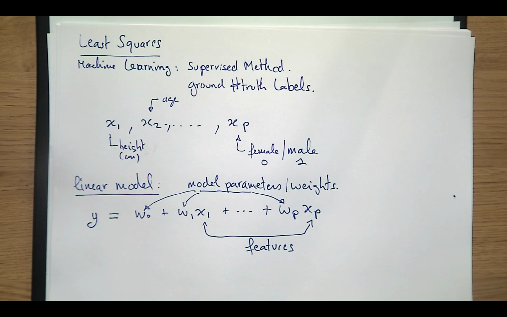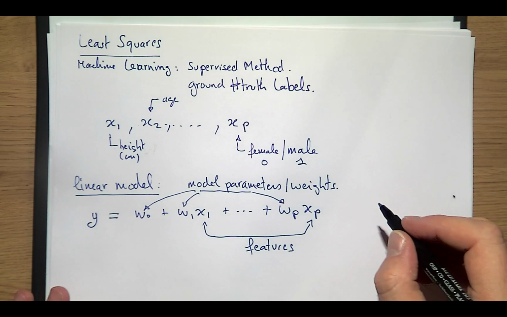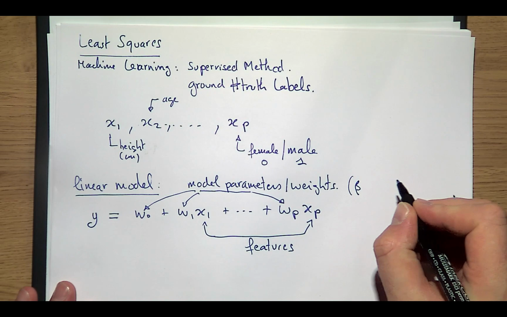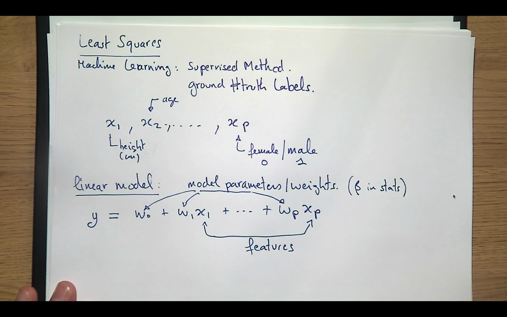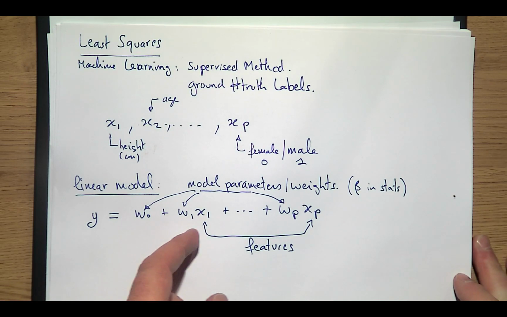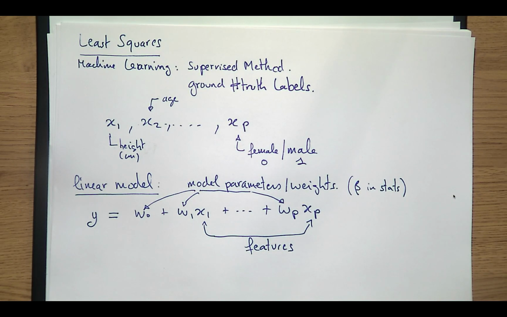So I'm going to stick to w as a notation for these model parameters. In statistics, these will be called betas instead, okay? So instead of w0, w1, ..., wp, they will have beta 0, beta 1, ..., beta p, and so on, okay? All right, so it's pretty simple. We have a linear equation, so the outcome is a linear combination of our features. And the coefficients you have are something that we want to find out, okay?